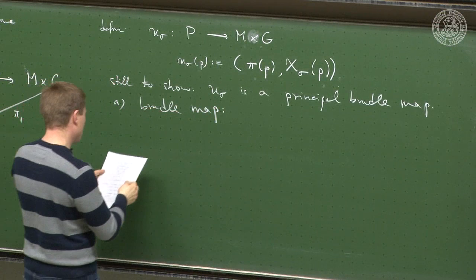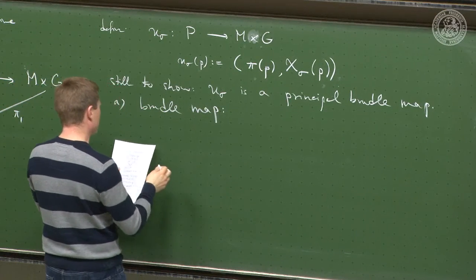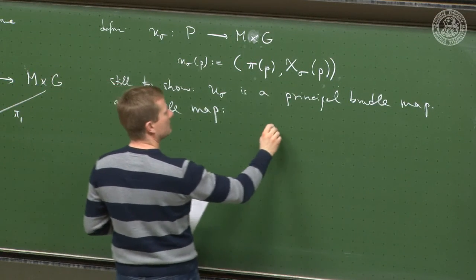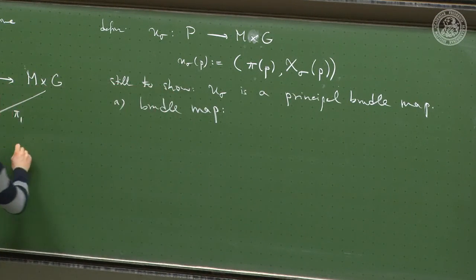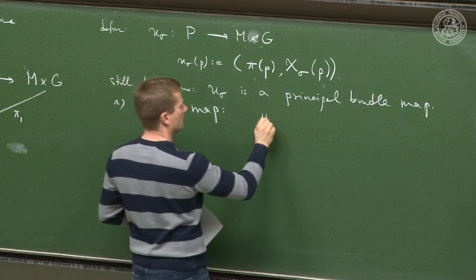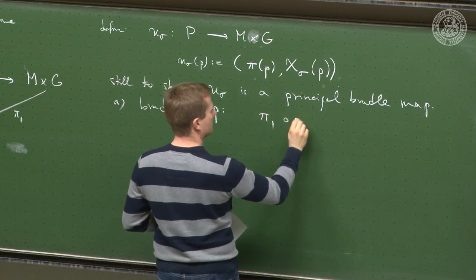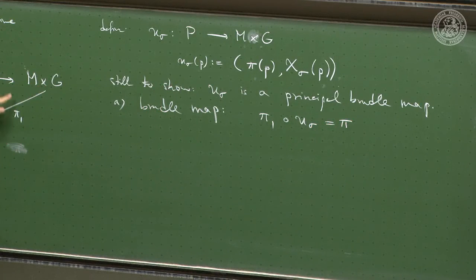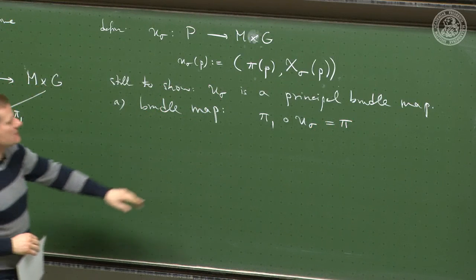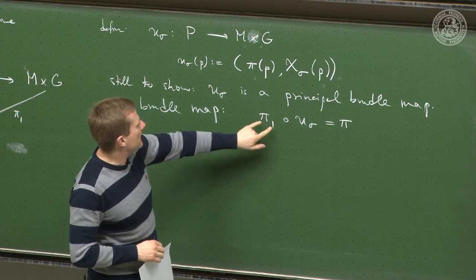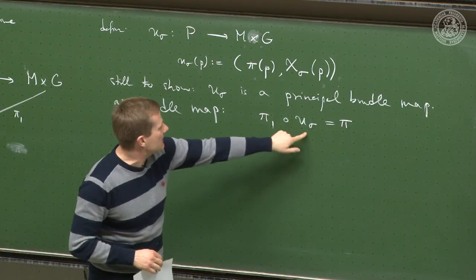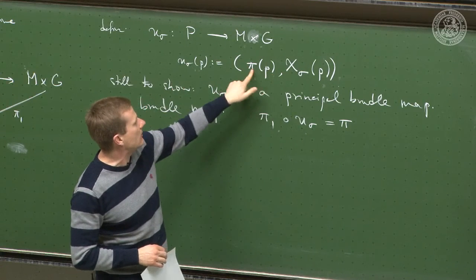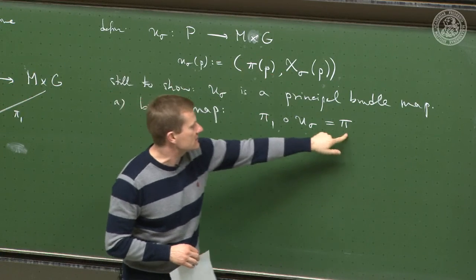We need to check that pi 1 after this U sigma has the same effect as the pi. You remember? Down here, that's the bundle map business. But this is obvious because I first apply the sigma, and then the pi 1 projects out just this part, but that's of course the action of the pi.